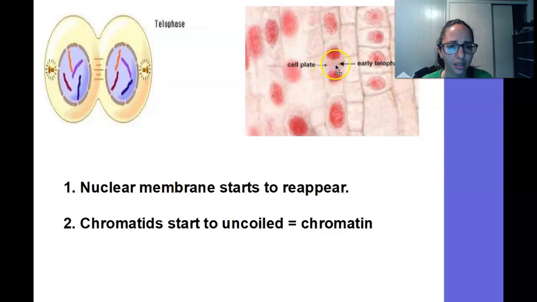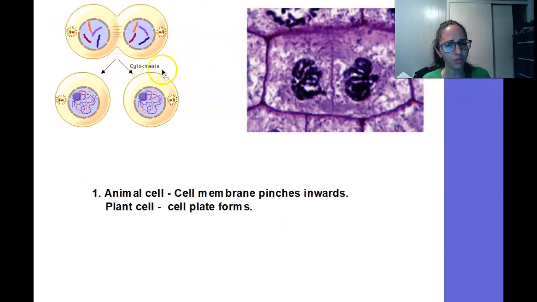Here it's forming a cell plate. So what happens then? Cytokinesis occurs. In an animal cell, the cell membrane pinches, right, and it separates. Cytokinesis means division of the cytoplasm. So the cell pinches and separates, creating the 2 daughter cells.